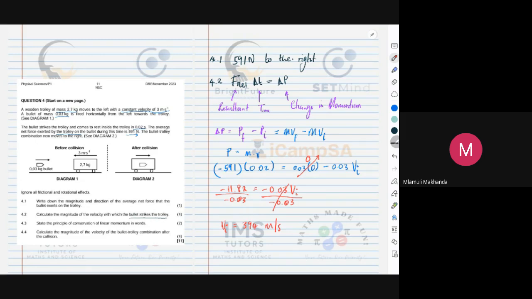All right, this is the magnitude. They said they want only the magnitude. If they said they want the magnitude and direction, then you'd have to say to the right, because this is the direction here. This is to the right, then this is to the left. Okay? Coolies. Let's move on with the next question.